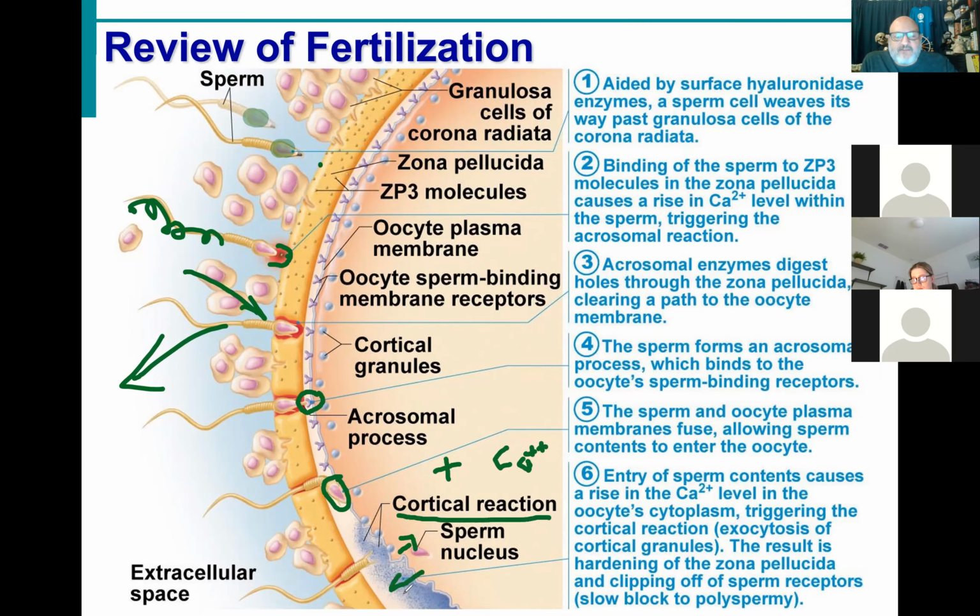This is when we're releasing that zonal inhibiting protein to basically inactivate the ZP3 receptors and to rethicken the wall of the zona pellucida to continue to provide that protection for the fertilized egg. And then, like we said, it also has to complete meiosis.